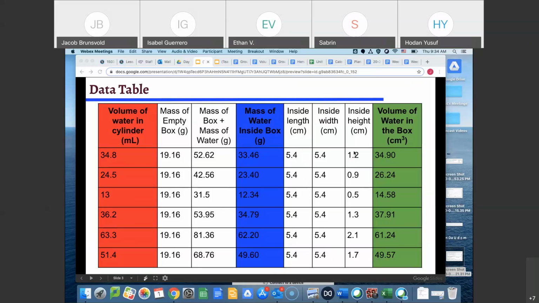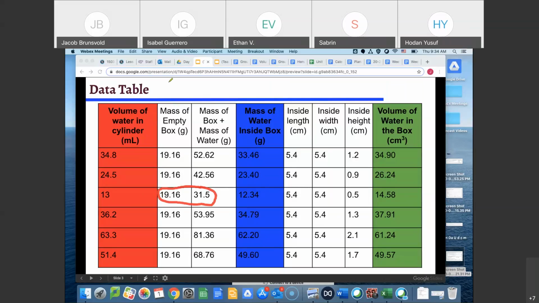Okay, and then just real quick, to calculate the mass of the water in the box, we're just subtracting. For example, we would subtract these two to get 12.34.